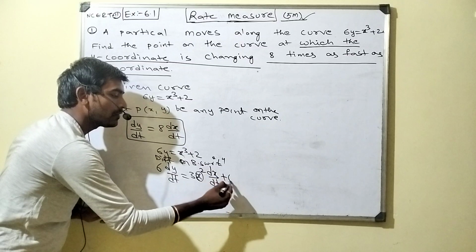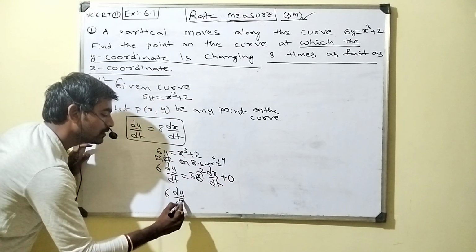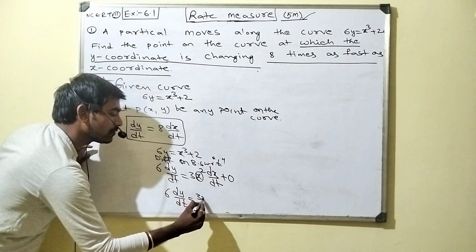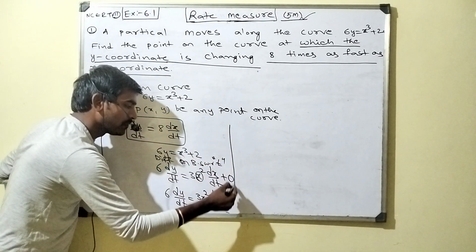And the constant's derivative is 0. Now let me conclude: 6 into dy by dt is equal to 3x square into dx by dt.